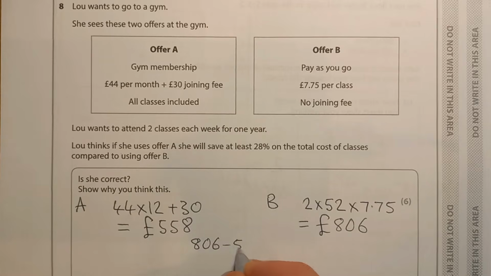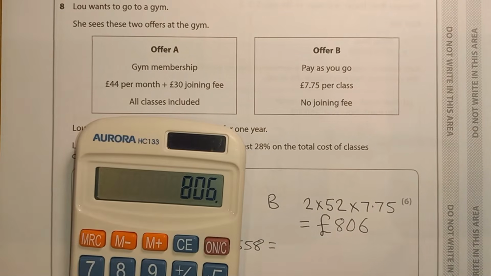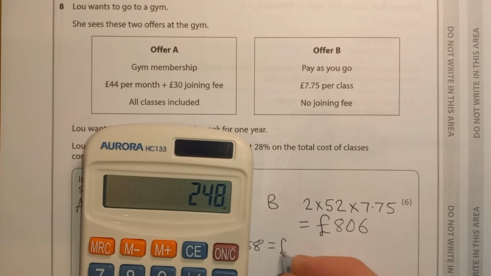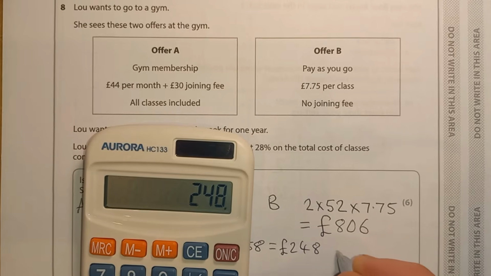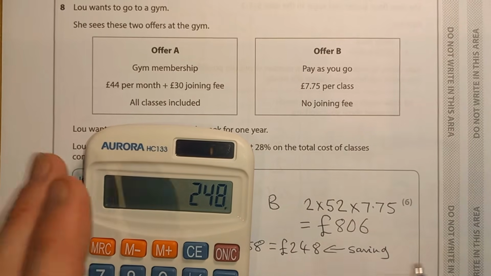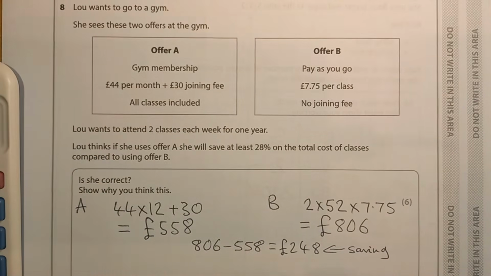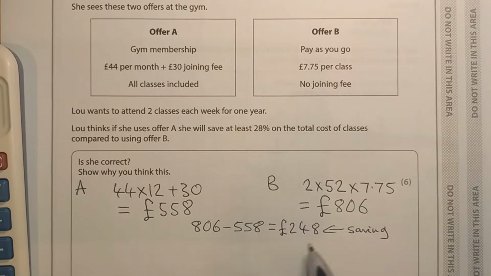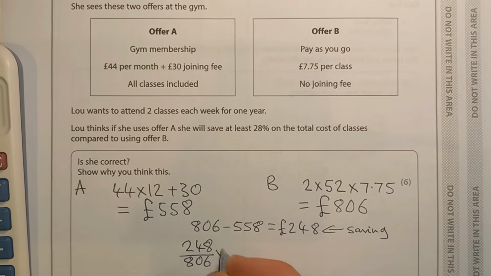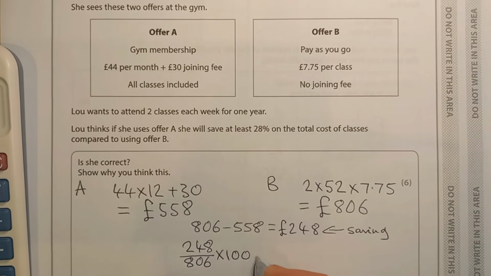So 806 minus 558 is £248. So that's the saving. So what is that as a percentage? Well, it's a percentage of what the total cost was. So it's going to be 248 divided by 806. To make it a percent, we multiply by 100.